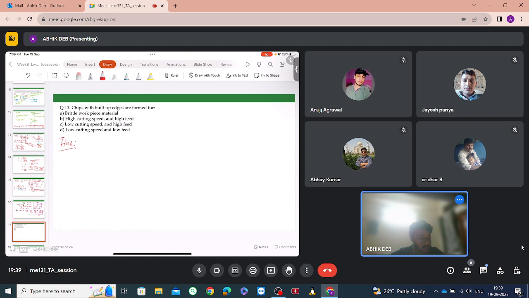Anybody? The basic idea of a built up edge chip. Sir, when the material deposits on the chip while removing the material. Okay, which material deposits on the chip? Okay, the idea is okay, but it needs a bit of clarification.